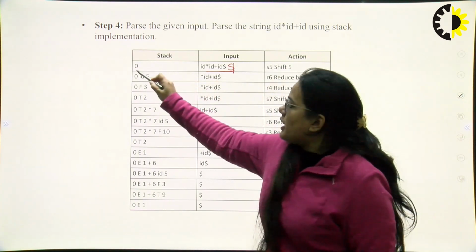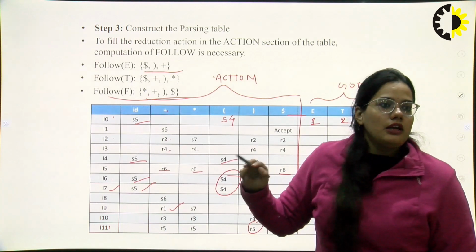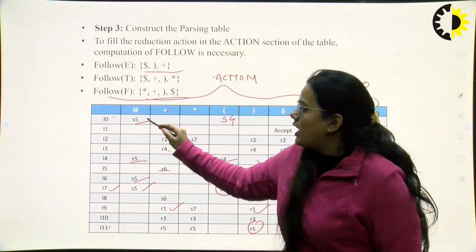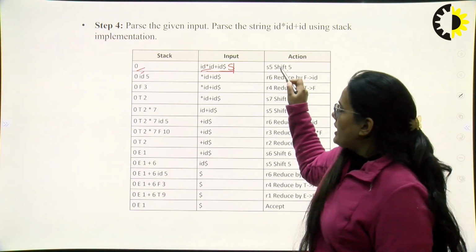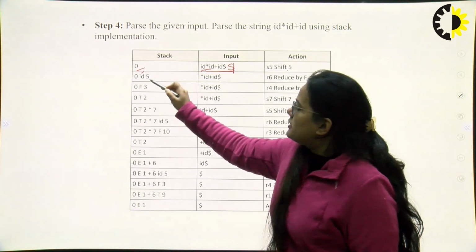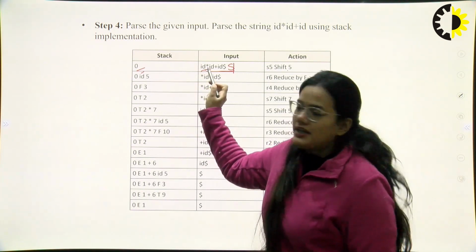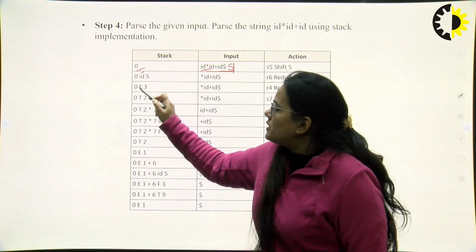At 0 on id, we check the table: S5. So we shift id and 5 to the stack from the input buffer.